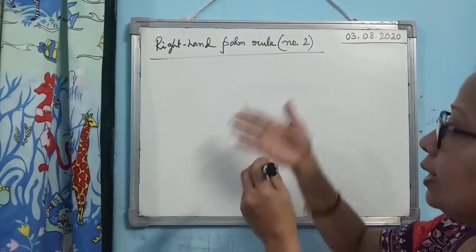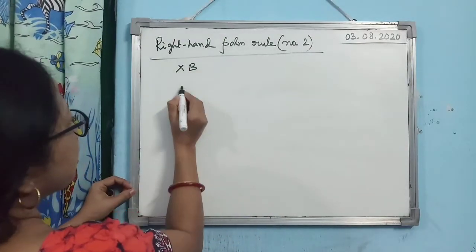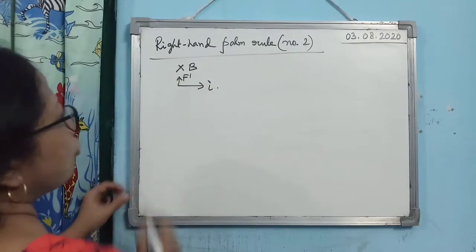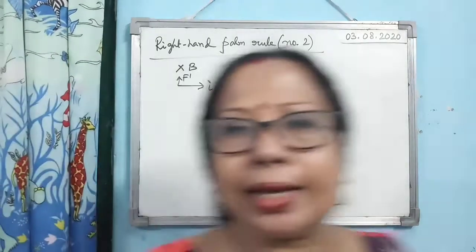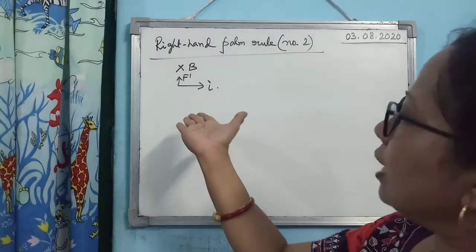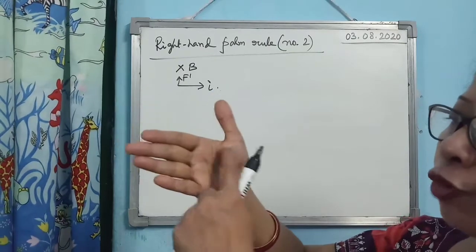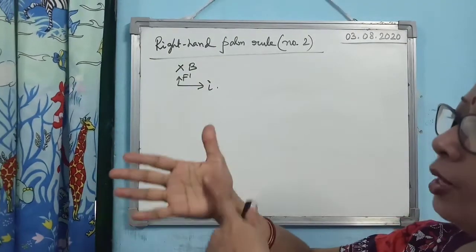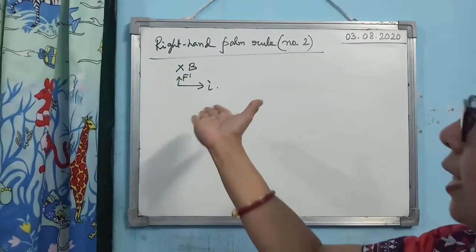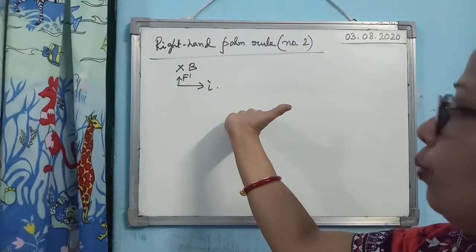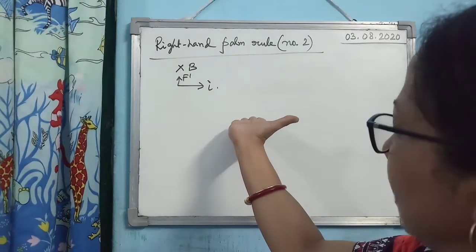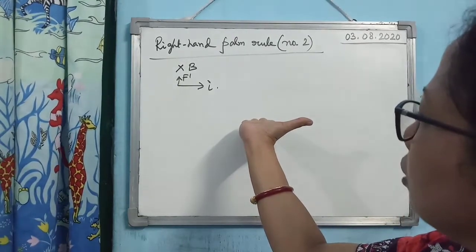Alright. So here you see how I have got F dash. Just now we have drawn this one, no? This was the direction of B, this was the direction of I, and then I said this is the direction of F dash. So you see how I can apply the right hand palm rule. How will I place my right hand palm? So that four fingers will be along the direction of the magnetic field and thumb will be along the direction of the current. So if I place my right hand palm this way, you see the four fingers are in the inward direction perpendicular to the blackboard and the thumb is along the direction of the current.